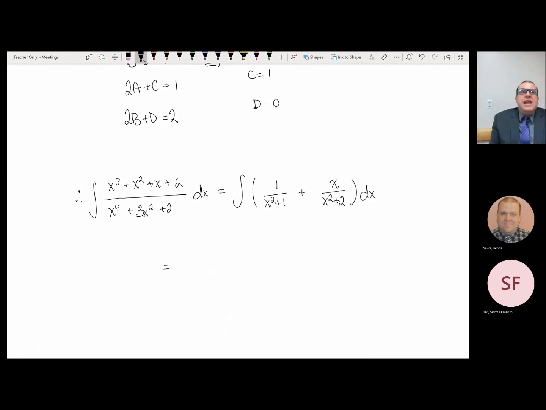What's the first antiderivative? So what is the antiderivative of 1 over x squared plus 1? The derivative of x squared plus 1 is 2x, and you don't have a 2x dx in there, so you can't do that.